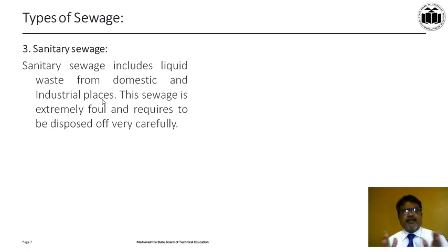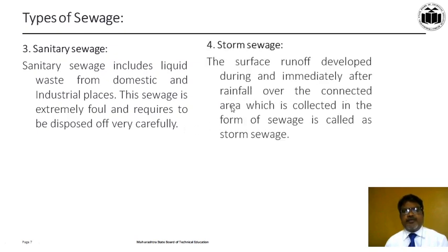When we combine the domestic wastewater and industrial wastewater, it becomes sanitary sewage. This sewage is extremely foul and needs to be disposed of very carefully, because it is very dangerous for the environment and public health. Therefore, we have to dispose of it very carefully.